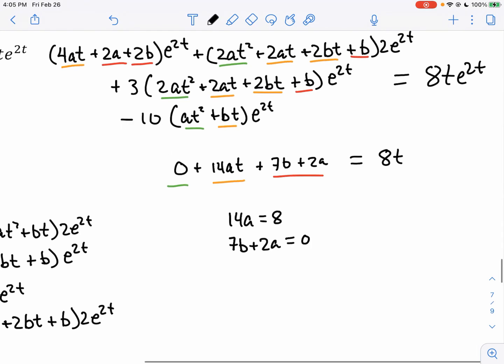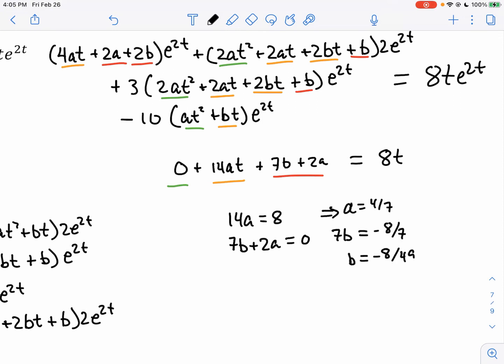And here's how we create our system of equations. So a is going to be 4/7. So we plug that into the second equation. So we have 7b plus 8/7 equals 0, so it equals negative 8/7, and therefore b is equal to negative 8/49.